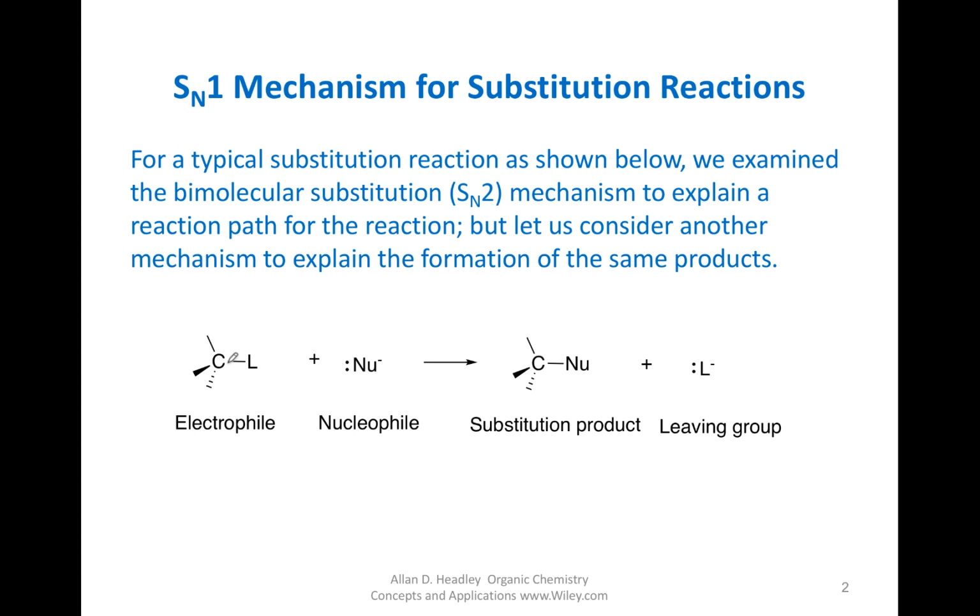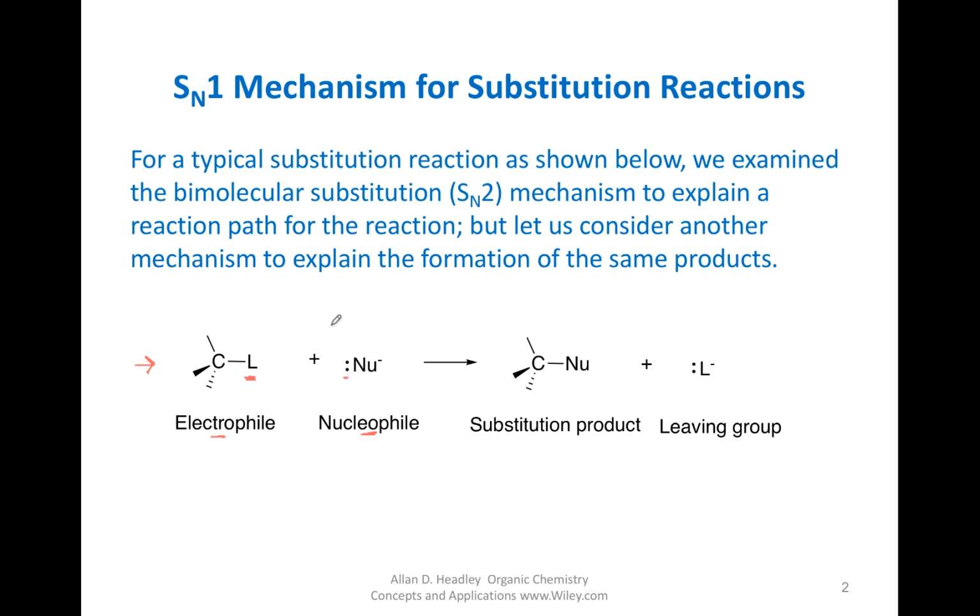So let's look at this reaction that we know to be a substitution reaction, where we have the electrophile, which has a leaving group, and we have a nucleophile, which has a pair of electrons.